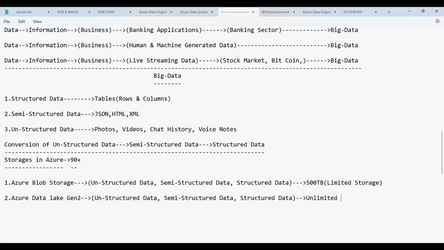Unlimited storage means there will be no limitation for storing data. Whatever the volume of the data you have, whether it is in terabytes, petabytes, or whatever it may be, we can store it here.